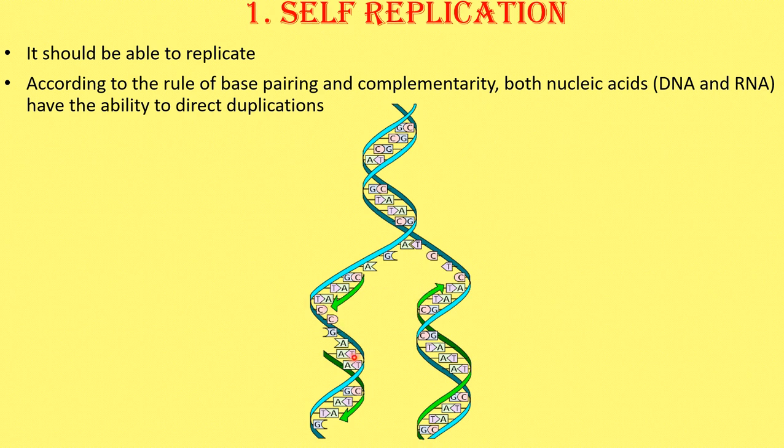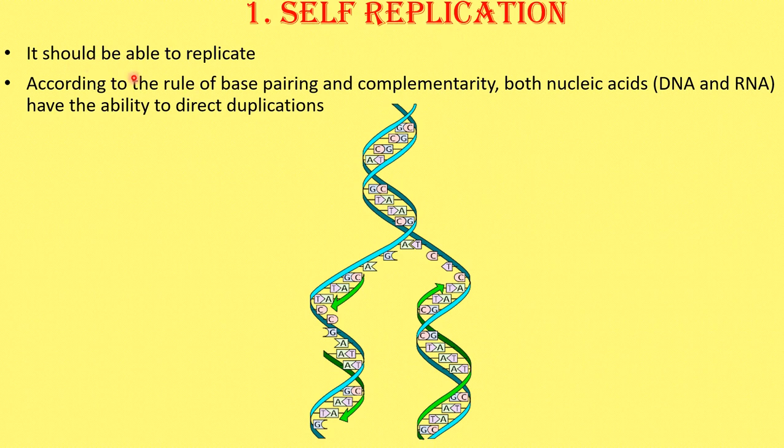And each unwound strand can produce a complementary strand. A new strand, a complementary strand, is formed. First the double-stranded DNA is separated, or unwound, and for each single strand, a complementary new strand is formed. So this is called replication.